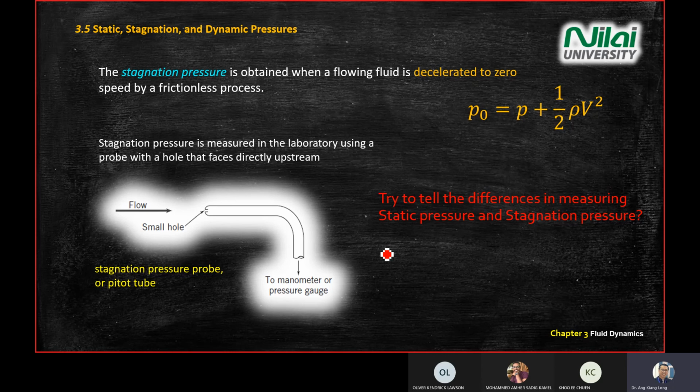I'll show you the setup for the experiment. You use the information that we share today to define what is static pressure and what is stagnation pressure. And then from there, you calculate the velocity inside the system and so on.